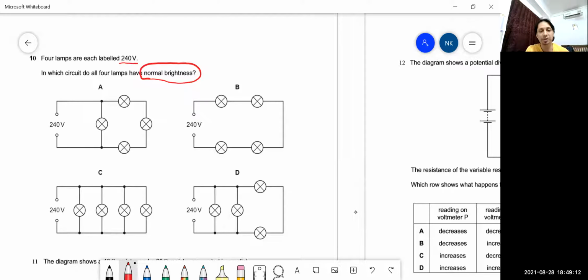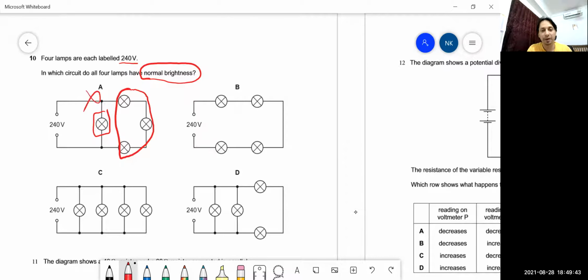Equal brightness is possible, children, if the bulbs are connected in parallel combination, because in parallel combination each bulb has the same voltage. In option A, you can see bulb first, second, and third are all in series, but these three bulbs are in parallel with this electric bulb. So definitely all four bulbs will not glow here with the same brightness.